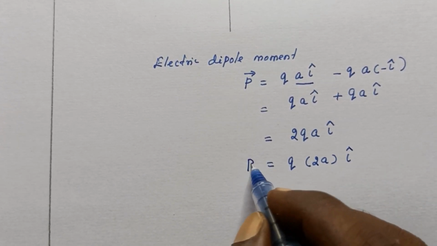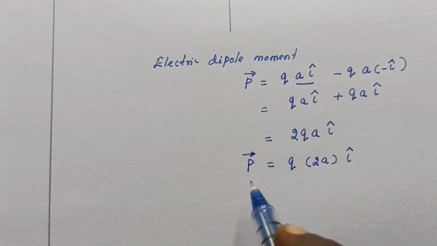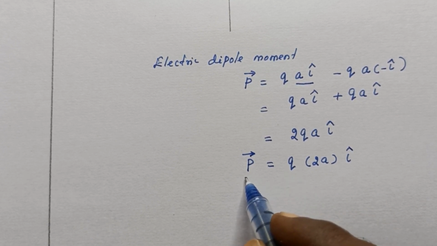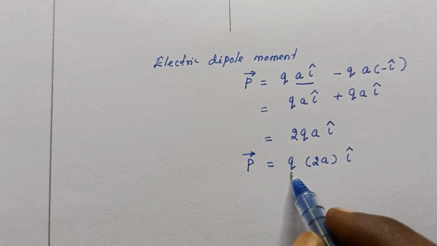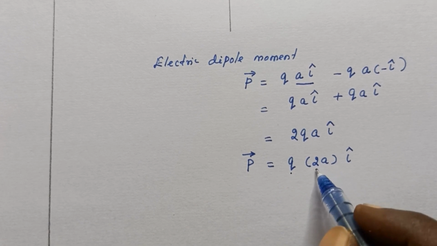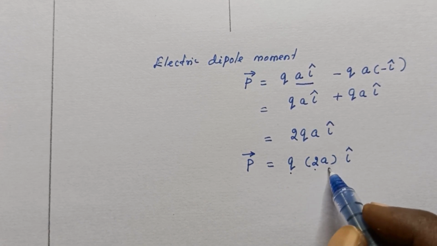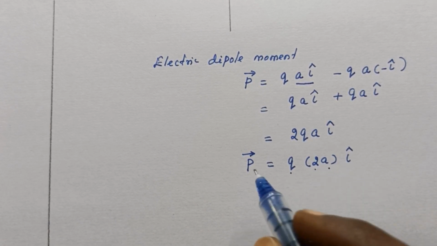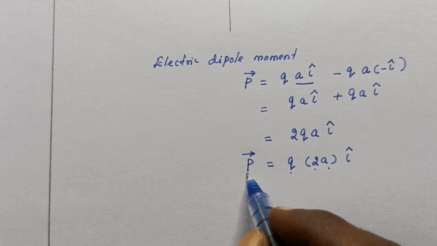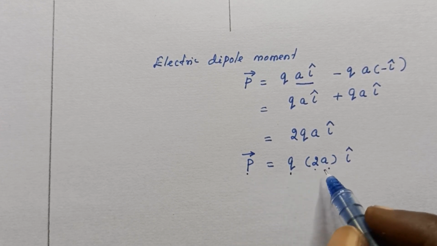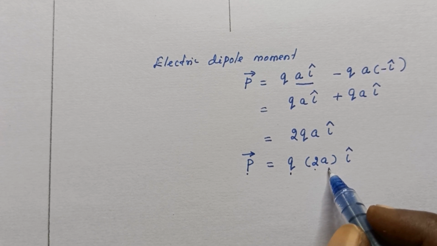So from this we can conclude that the dipole moment is the product of charge into the distance between the two charges. So the dipole moment is the product of charge and distance between the two charges.